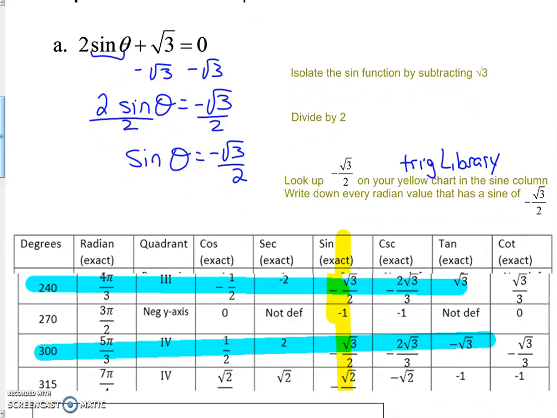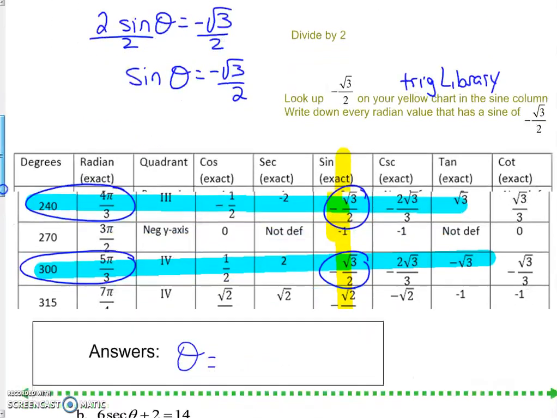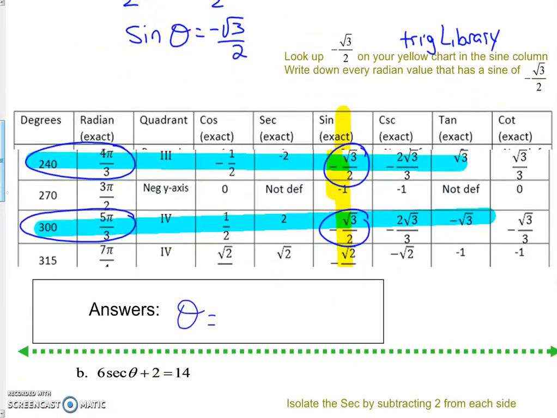For this particular problem, negative square root of 3 over 2 is at 4 pi over 3, and also at 5 pi over 3. So my answer then will be that theta takes on the value of 4 pi over 3 and 5 pi over 3 to satisfy those conditions.